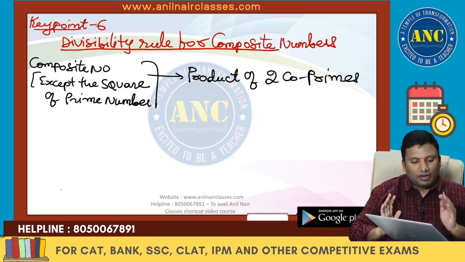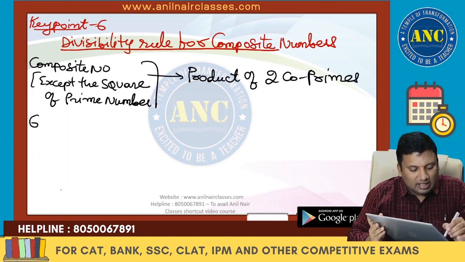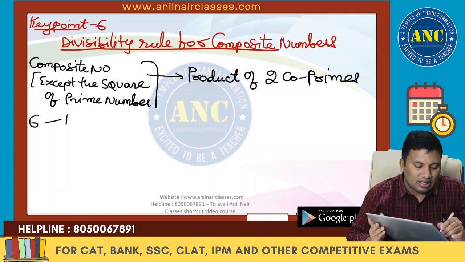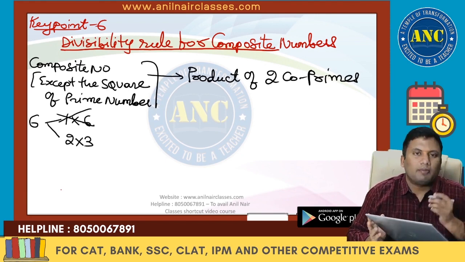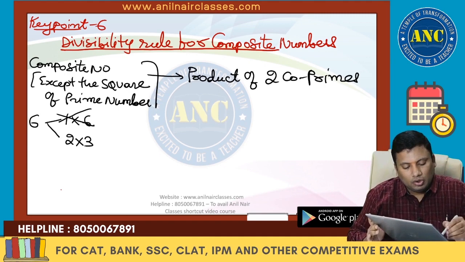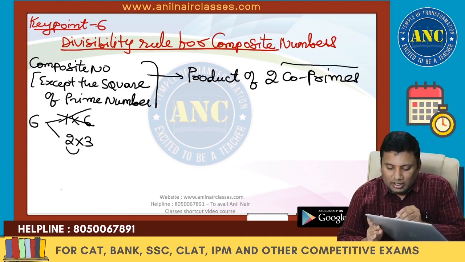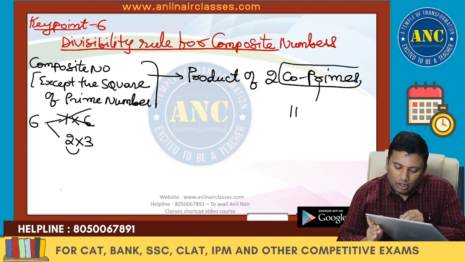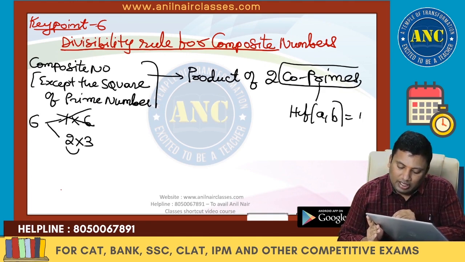Now, what we will do is, suppose 6 is there. 6 is nothing but 1 into 6, and it is also 2 into 3. Writing the number itself is 1 into 6. 2 and 3 are coprimes. 2 numbers are said to be coprimes if their HCF is 1.